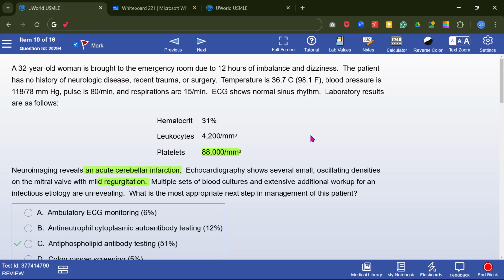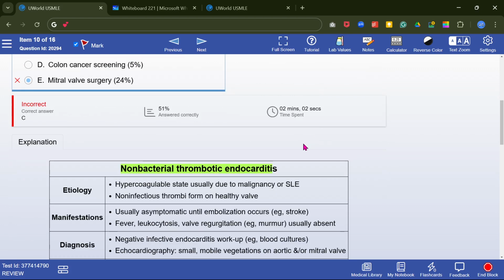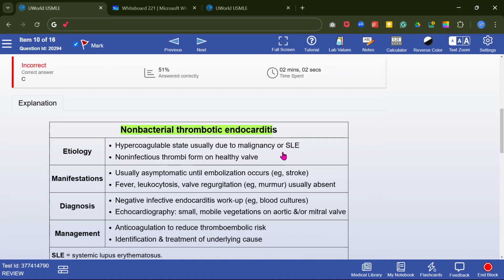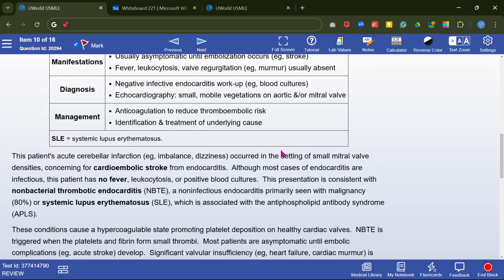Low platelets, neurological problem, heart problem, multiple sets of blood cultures negative, young woman, hematocrit is also low. It looks like SLE, so non-bacterial thrombotic endocarditis is an option.